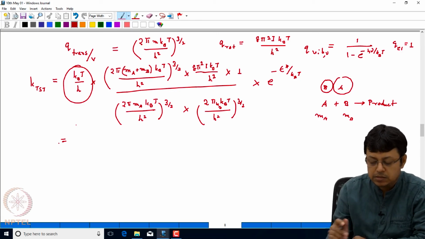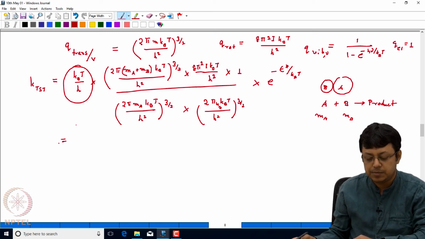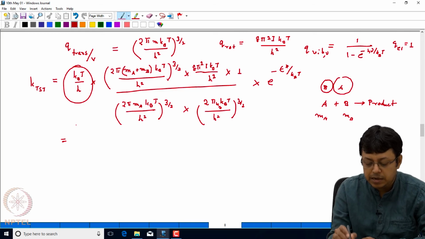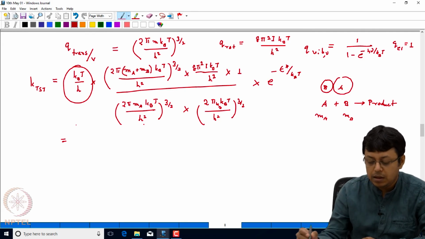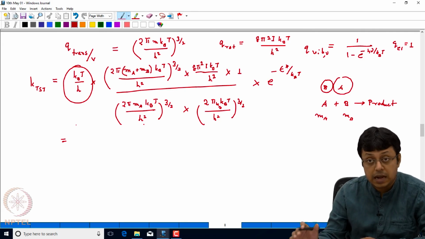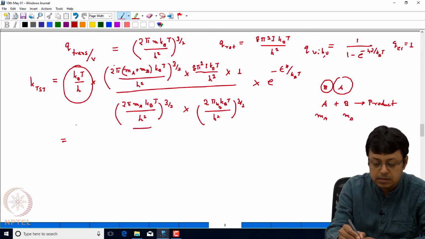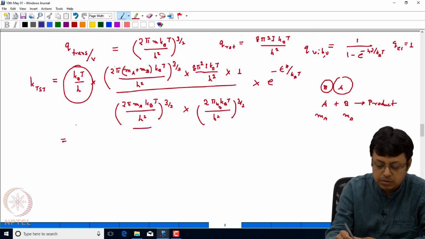Now as we have to just simplify this expression, as you can see here, this 2π kBT divided by h², one of them will basically cancel with one of them in the numerator, 2π kBT by h². Let's say this gets cancelled with this, so I can actually use some other color.